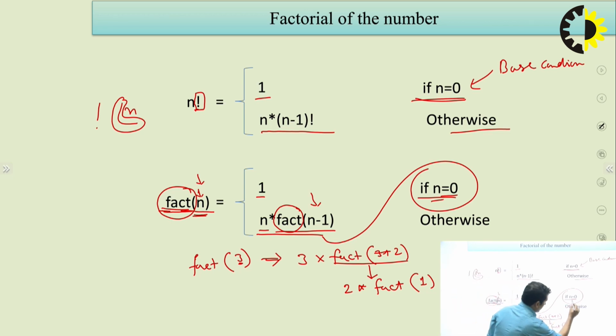Again, it calls 1 into factorial of n minus 1, where current n is 1. So, 1 minus 1 is 0. Now the base condition is reached, n equals 0, so this will return 1.